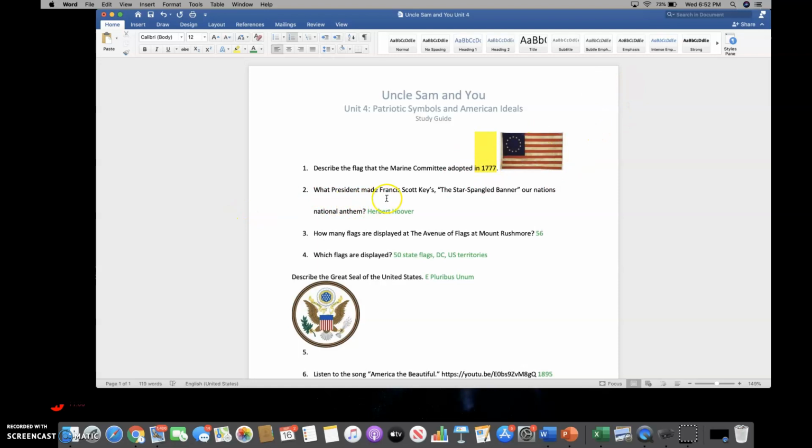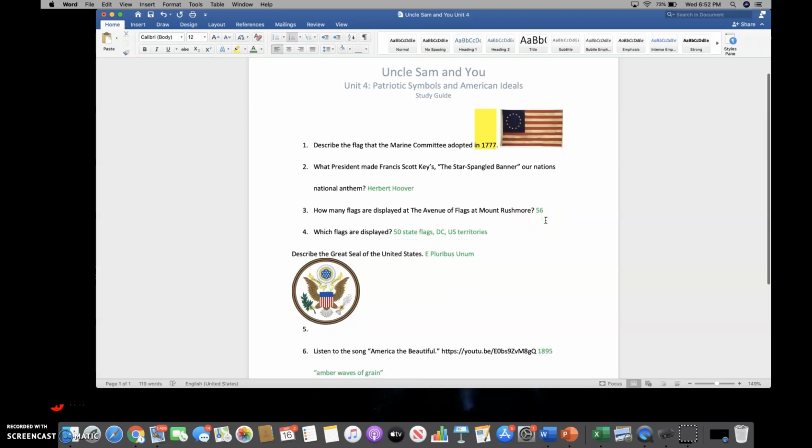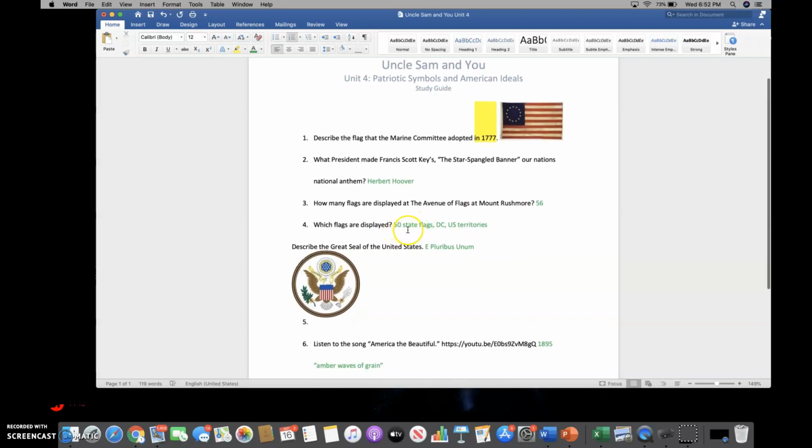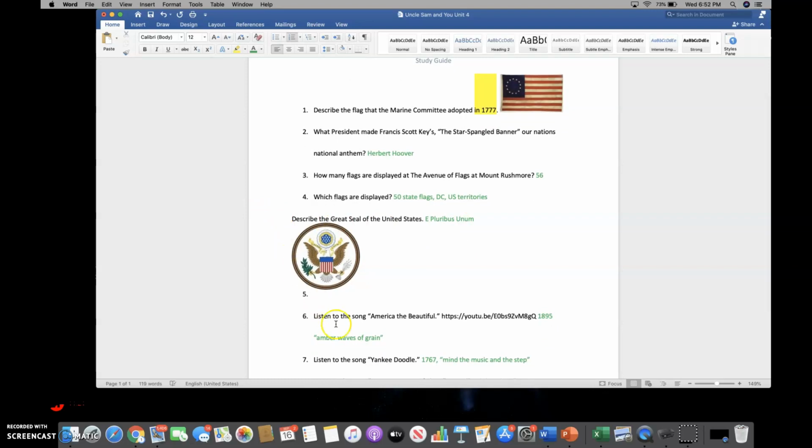The president that made Francis Scott Key's The Star-Spangled Banner our nation's national anthem was Herbert Hoover. There are 56 flags displayed at the Avenue of Flags at Mount Rushmore. Those are the 50 state flags, the DC flag, and the flags of the U.S. territories.